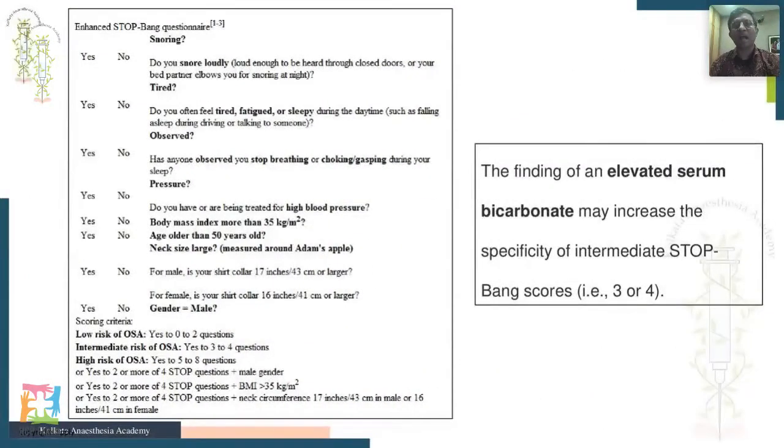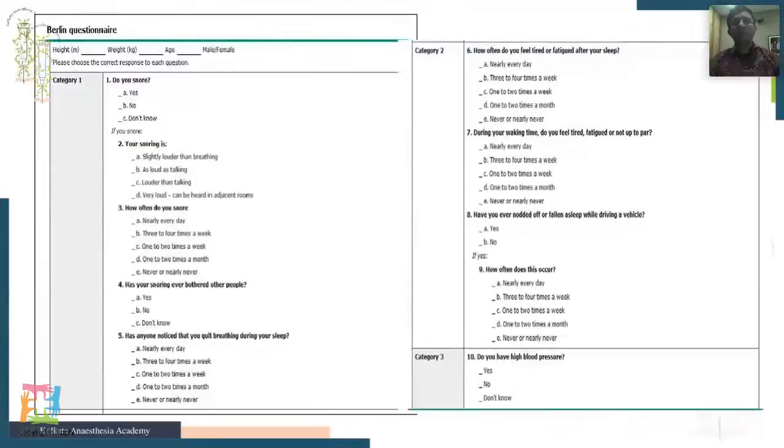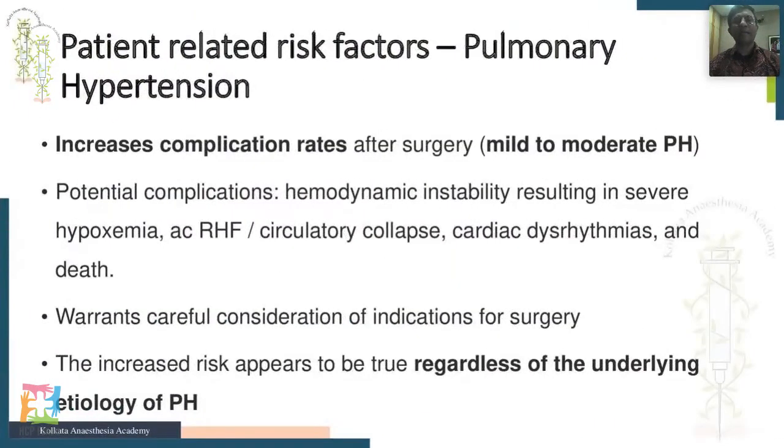Even in intermediate risk, if the serum bicarbonate levels are higher, it increases the risk further. This was not well documented, but now people are saying that if the score is around 3 to 4 and the serum bicarbonate is higher, that person should go into the high risk category. So that is about STOP-Bang.